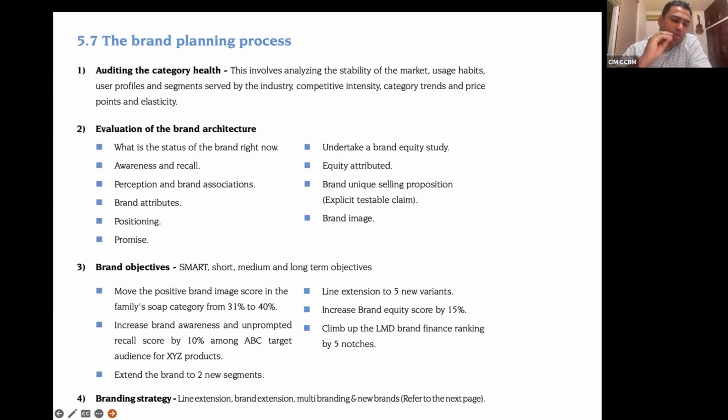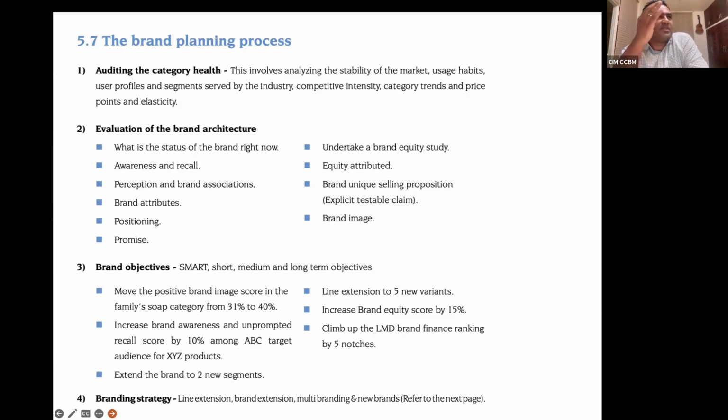Extend the brand into 2 new segments. Practice line extension into 5 new variants. We will do line extension and brand extension in the last assessment criteria. Increase brand equity score by 15%. Climb up the LMD Brand Finance brand ranking by 5 notches. So these are some examples of brand objectives.